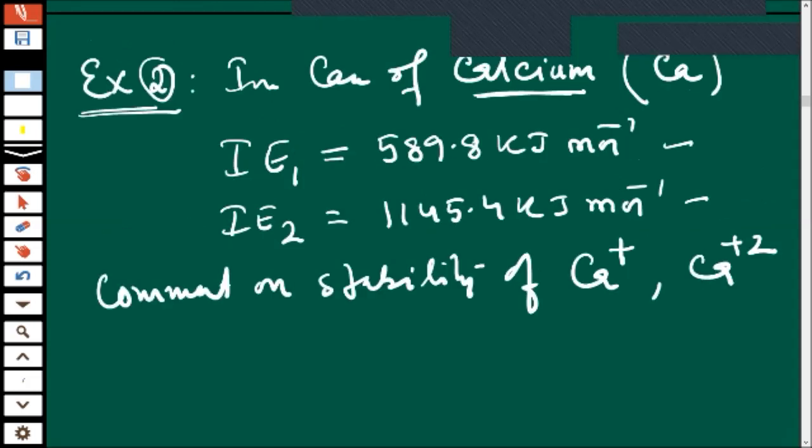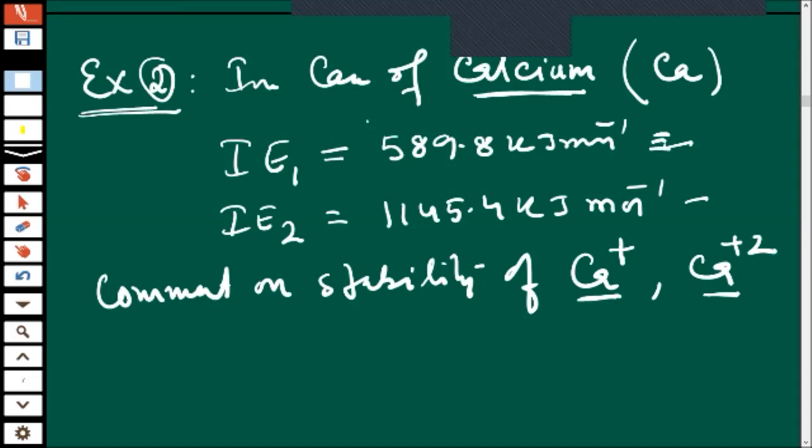It is my style, because when they are asking, what is the value? 589.8 kilojoule per mole. They are not asking about all the values, they are asking to comment on this. So simply what I will do in the exam is make 589 into 600.